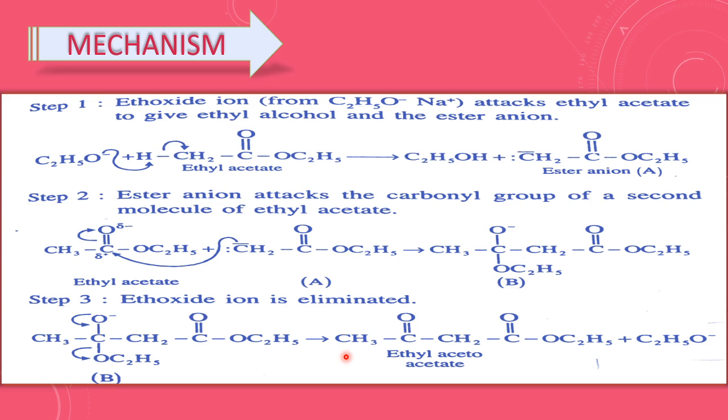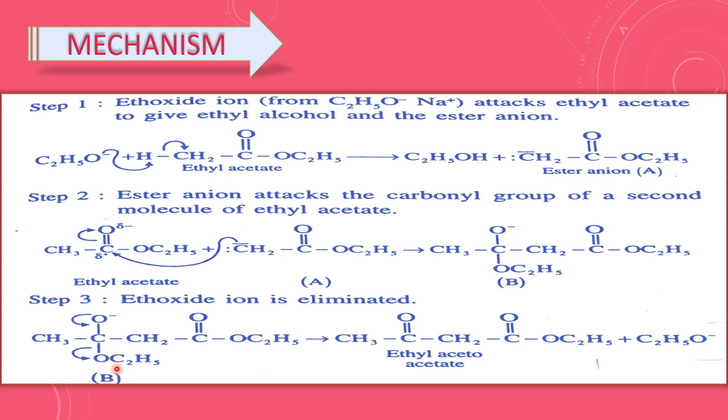Finally, CH3 C double bond O CH2 C double bond O OC2H5 is formed. The name of this compound is ethyl acetoacetate or EAA.